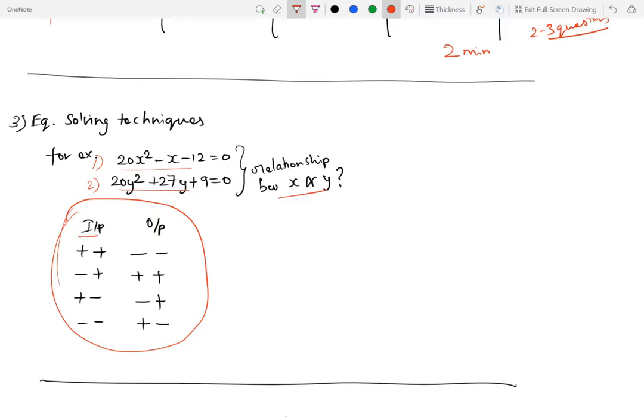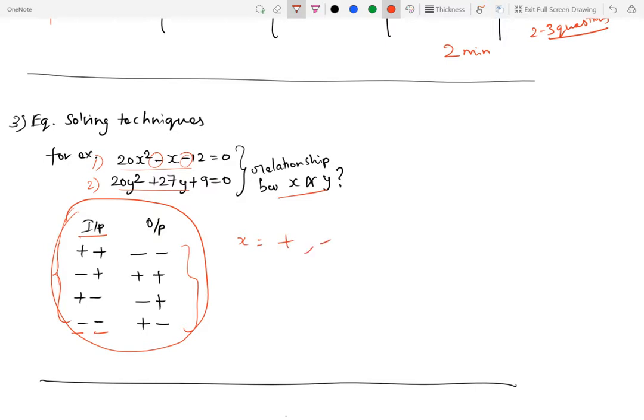The input signs are plus plus, minus plus, plus minus and minus minus. These are the possible input signs and this should be the respective output signs. In this given example, the 2 signs are minus minus, so what should be the output sign? Plus and minus, so x will be plus and minus.